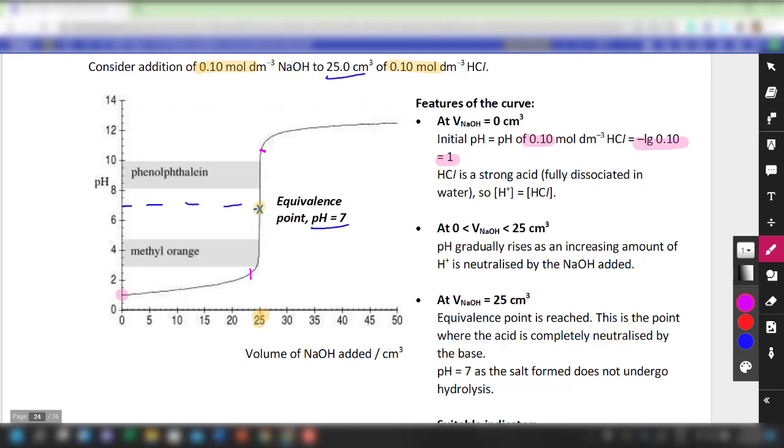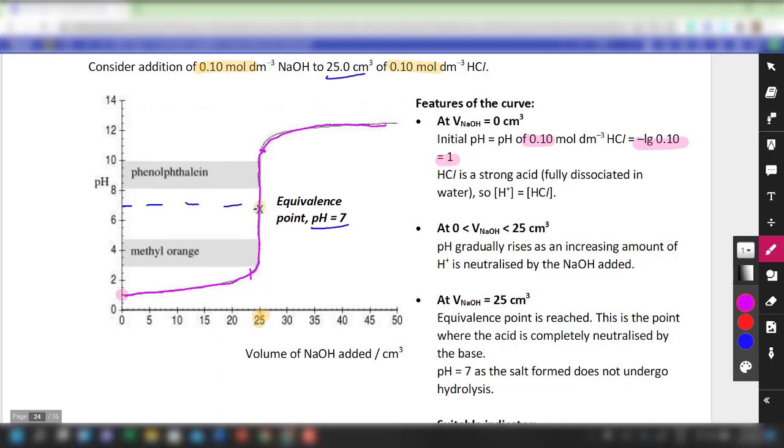So you're going to have a gradual increase, but it will not be a very sharp increase. So you just go like this. And then once it's very near 25, you need to draw a line that is very close to a vertical line. So you just shoot up. And then a bit more, then you'll hit the alkaline region. And after that, you'll just go all the way.